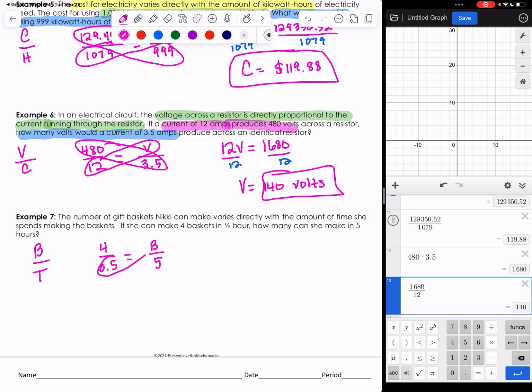So I cross multiplied: 0.5b equals 4 times 5, which is 20. Then I divided both sides by 0.5, and I got that she could make 40 baskets in 5 hours.